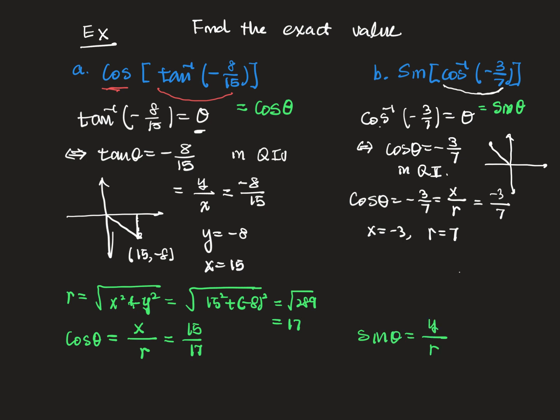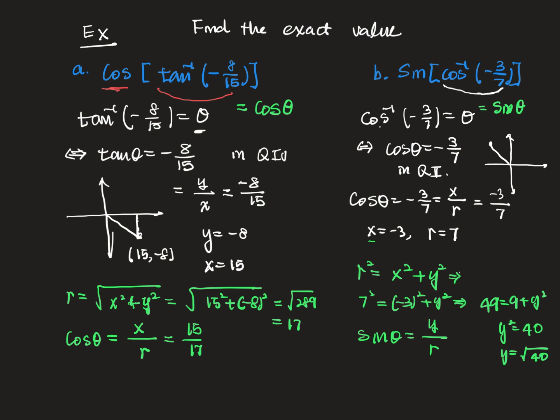What do you need to find sine theta? You need y. How can you find y? Here is x and r. So we want to find r squared is x squared plus y squared. r is 7, so 7 squared is negative 3 squared plus y squared. 49 equals 9 plus y squared. y squared is 40. y equals the square root of 40.